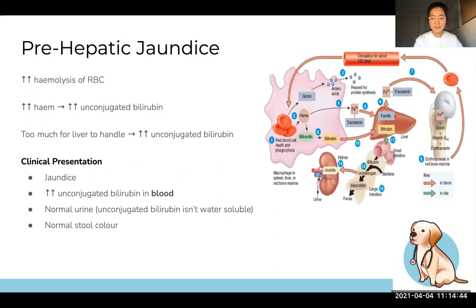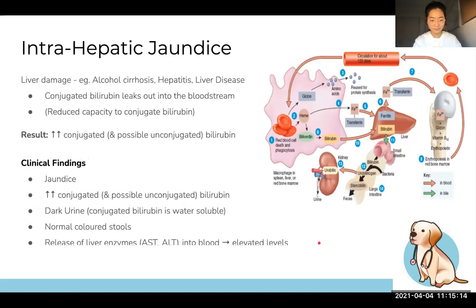So you'll have normal amounts of conjugated, maybe a bit more increased, but because it can't handle the excessive supply of unconjugated bilirubin, that's why you'll see an increase in that. The way you'll present, you'll have normal colored urine and normal stool color. Reasoning for that is because unconjugated bilirubin is not actually water soluble, so it will be present in the blood, but it won't show anything in your urine or have any effect on the stool color.